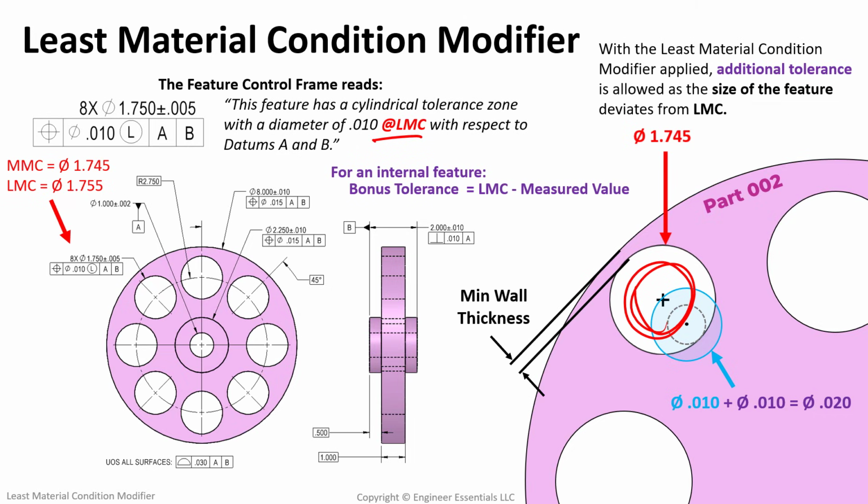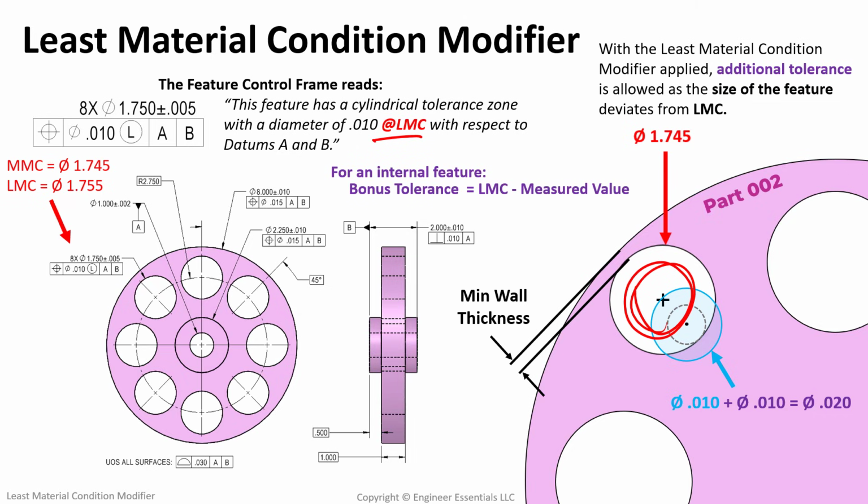Because what you're saying is the smaller that hole gets, in other words, the more you reduce the clearance between that and the thing you're trying to assemble through it, the more you reduce that clearance by shrinking that hole, I'm going to give you more position. And that's so much backwards from an assembler's point of view. If anything is trying to assemble through there, you're hurting yourself drastically. You're saying the smaller that hole is, the more position I'm going to give you. That just doesn't make sense.